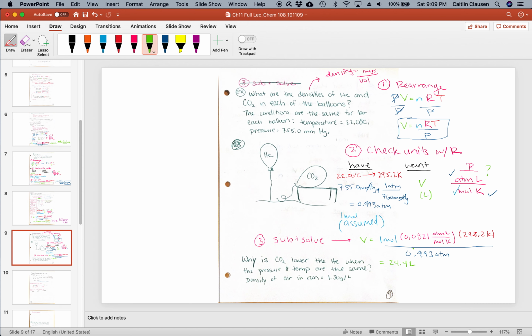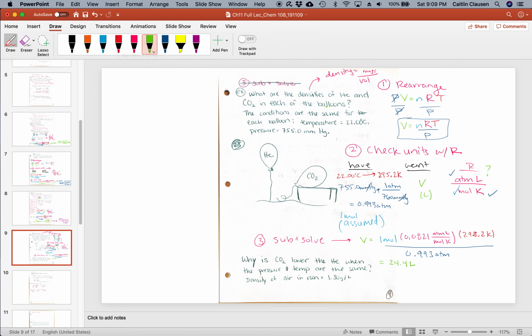Lowest sig figs, 1 atm. The 0.993 atm. Moles, exact number. We're assuming it's exactly 1. So to 3 sig figs, now we can just calculate the grams of each using the molar masses, which you guys have done many times before.